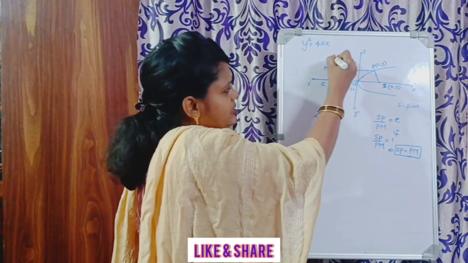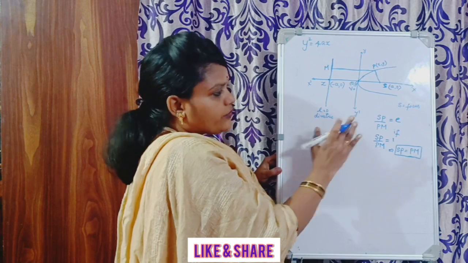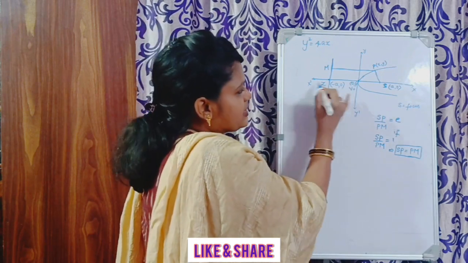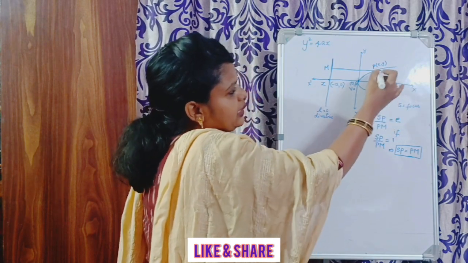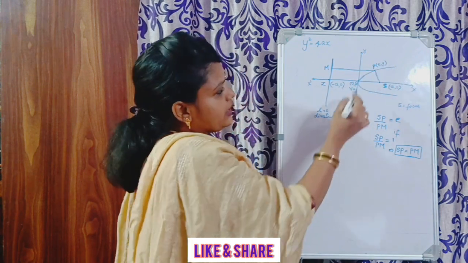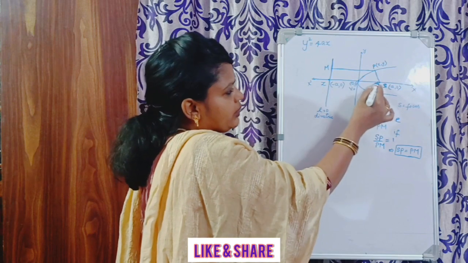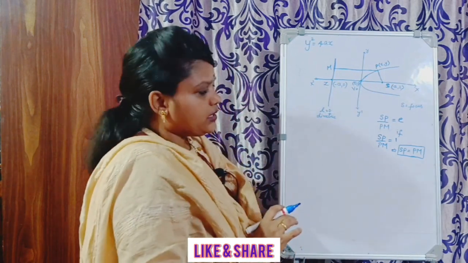Now, let's derive the standard formula. Here, you need to first narrate this diagram from the exam point of view. First you have to write: consider a point S, which is the focus, on the x-axis, and consider any point P on the parabola, then M is the projection of the point on the directrix and Z is the projection of S on the directrix, right?